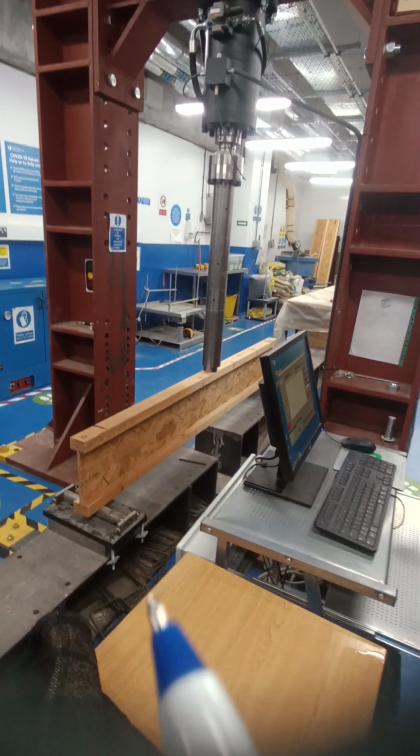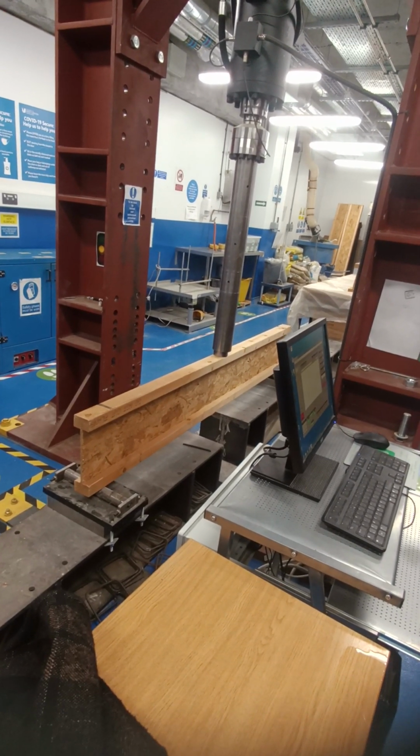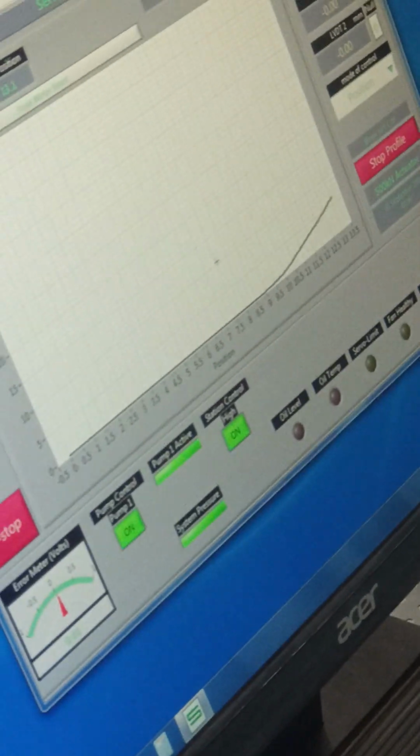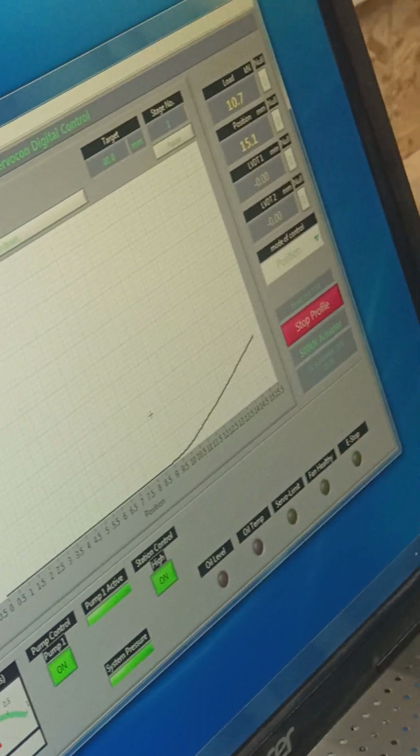That ramp can come up 10 centimeters, which is more than enough to break this. Now it has started to take the load. Will it break suddenly? It will be a sudden break, yes, so it will be good to be a little bit away from it.